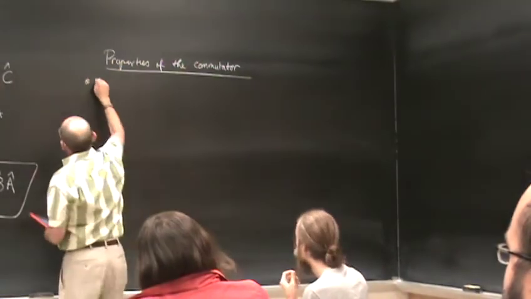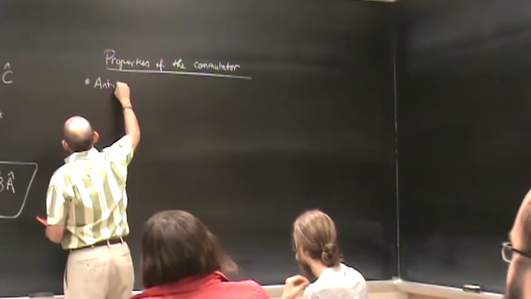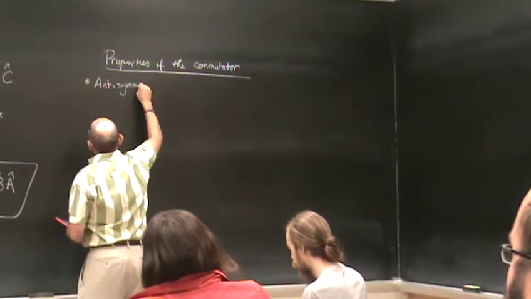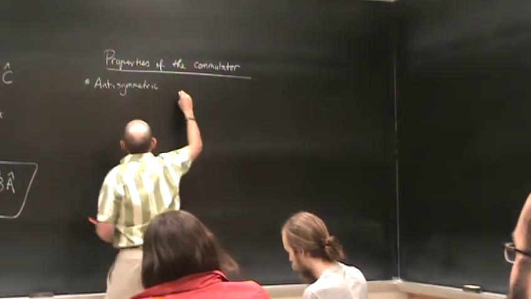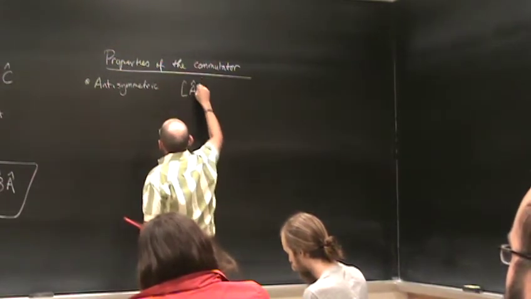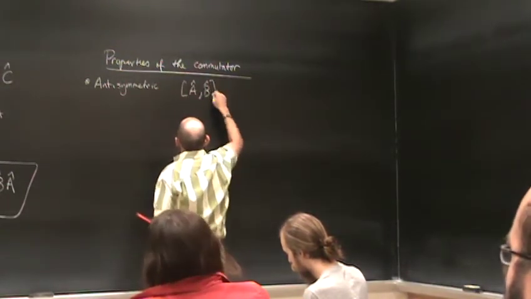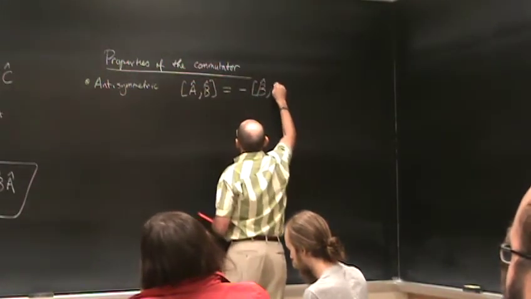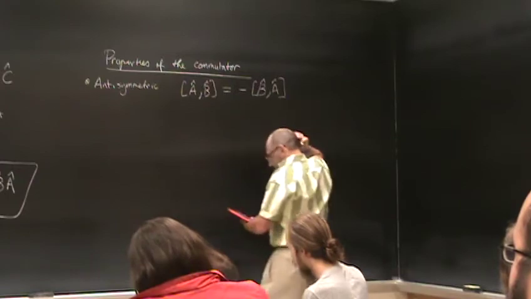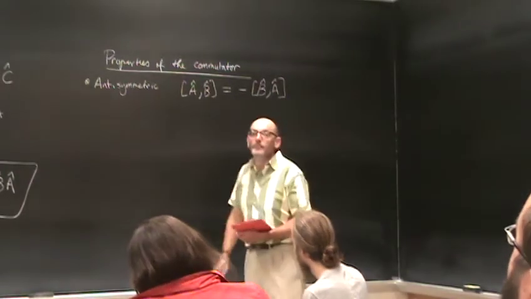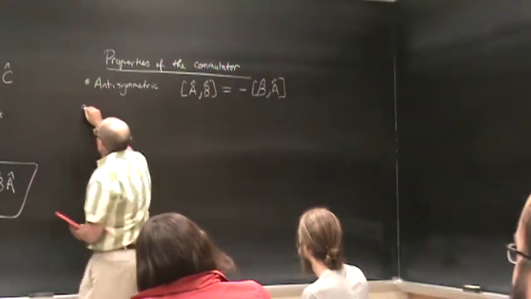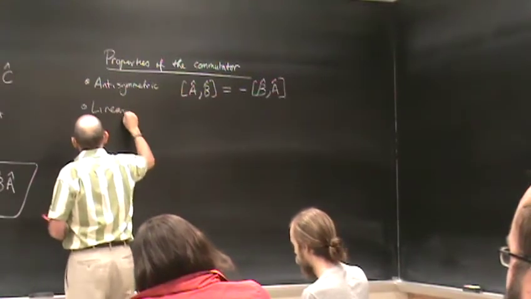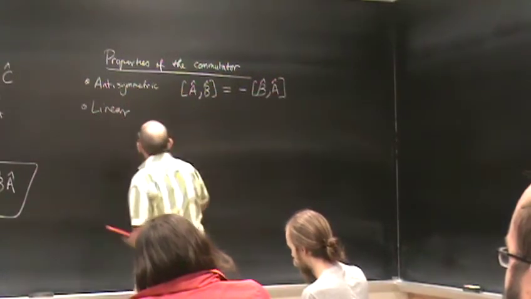Well, firstly, you can see immediately that it's anti-symmetric. That is to say, if I take the commutator in the other order, it's not the same, but there's a minus sign. It's linear in the following sense.